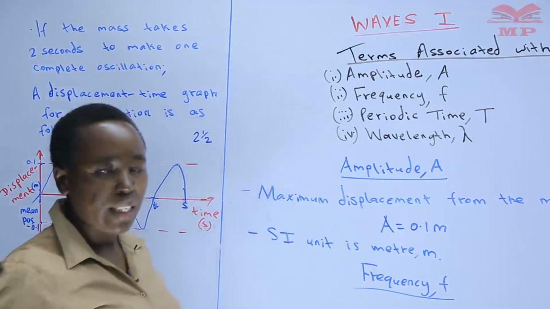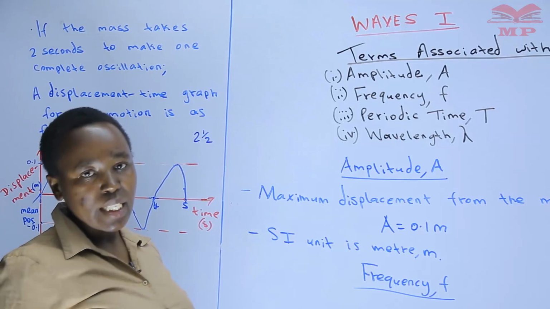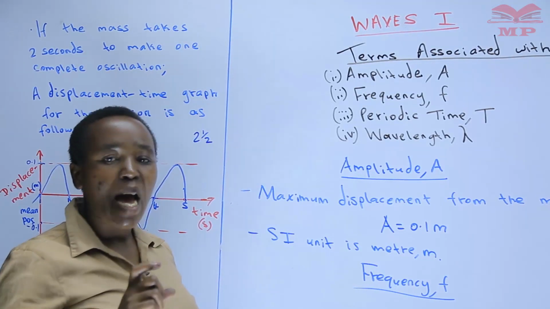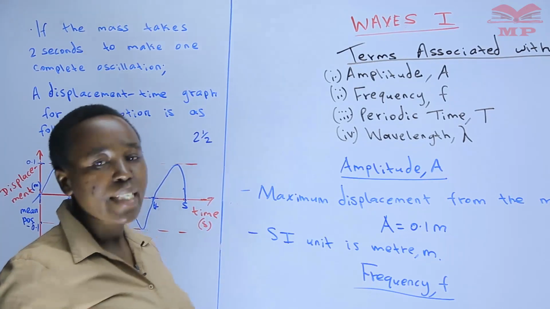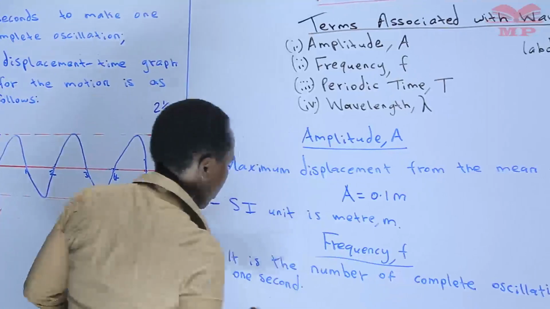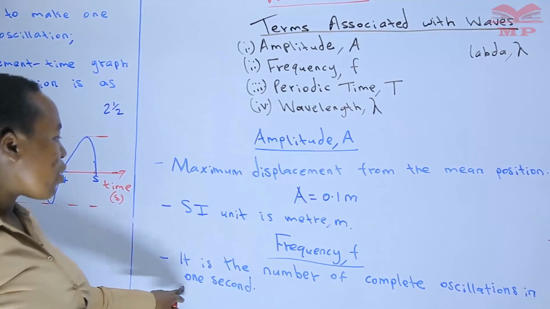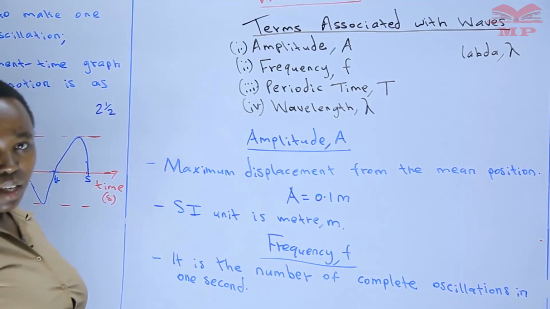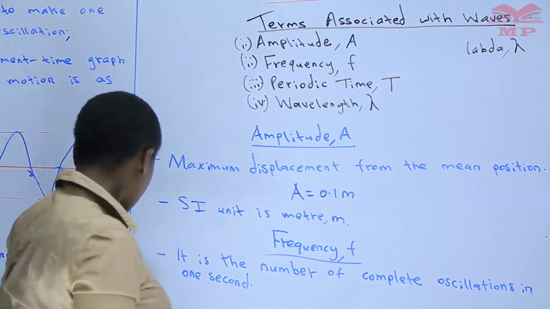How frequent? Now when we talk of frequency, it refers to the number of complete oscillations in 1 second. We now know what an oscillation is.